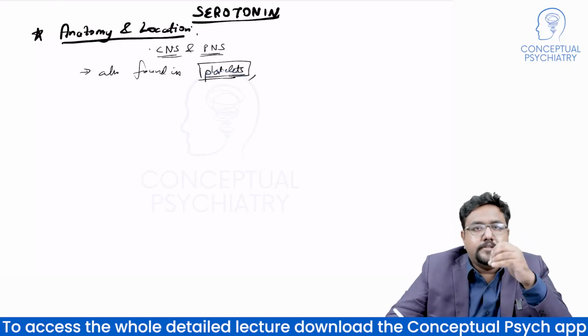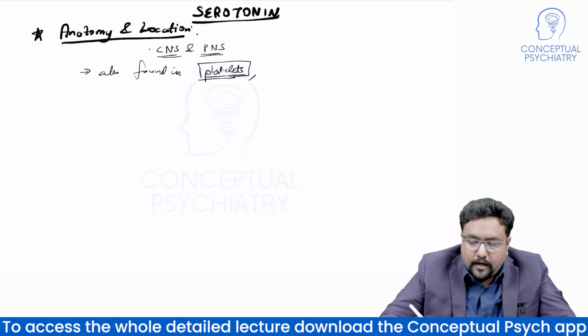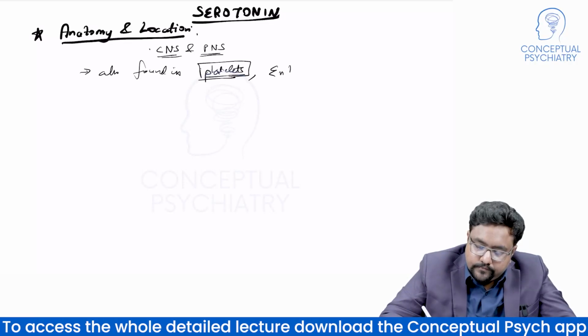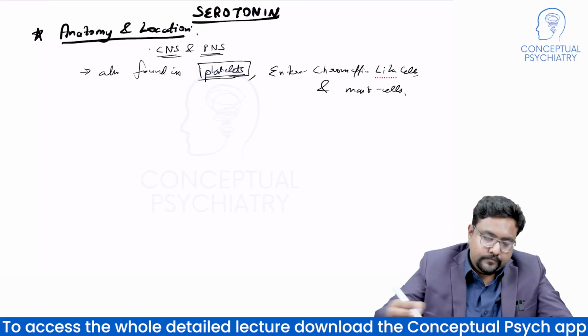There are various guidelines which say which SSRIs are better in patients who have bleeding disorders, right? And along with platelets, it is also found in the enterochromaffin-like cells and mast cells. Okay, this part is clear.